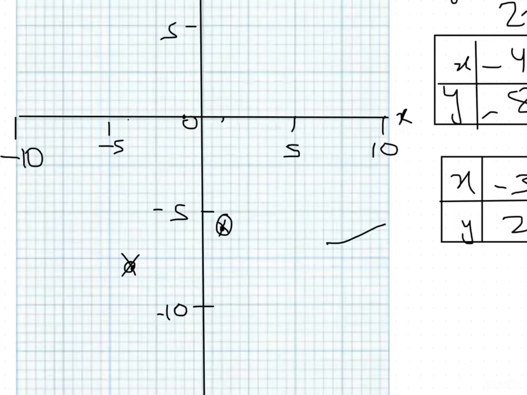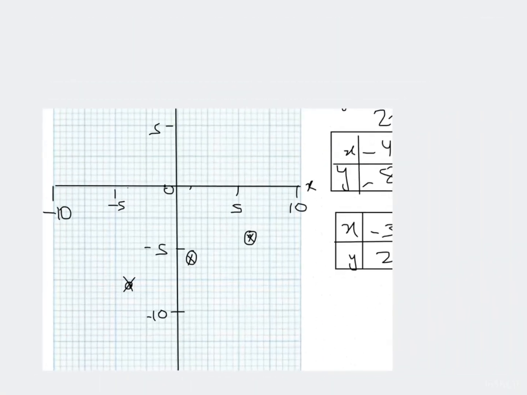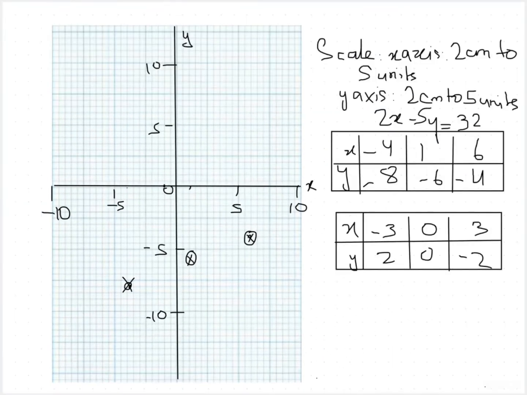And then our third point, which is 6 and -4. So 6 is here and -4 is here. So it would be our point. Then this was our first equation.